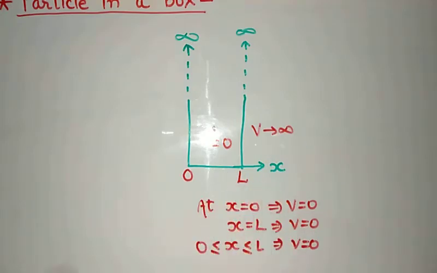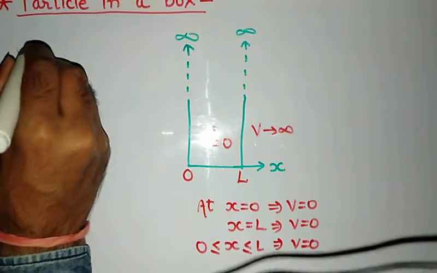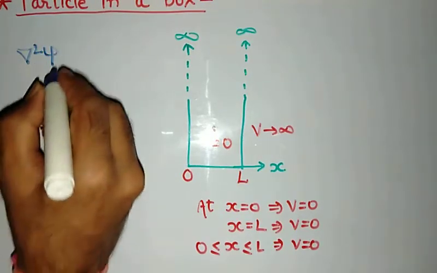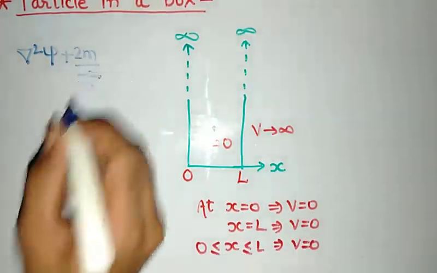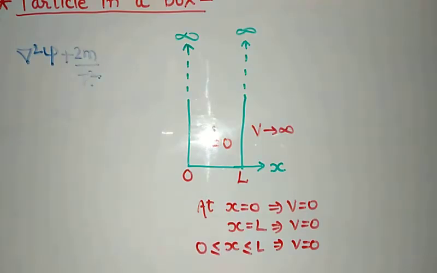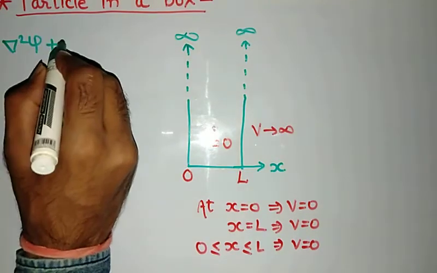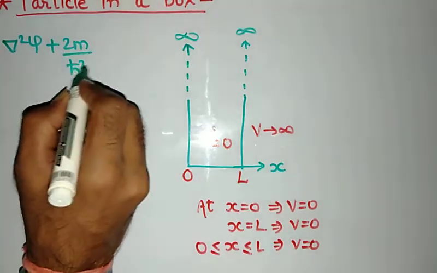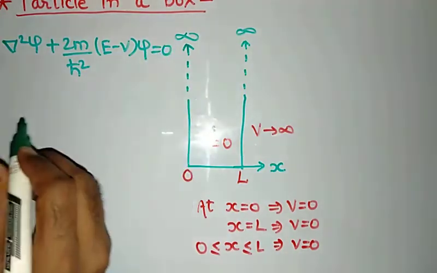Now we will use the Schrodinger time independent wave equation. It is del square psi plus 2m upon h cut square E minus V psi is equal to 0.